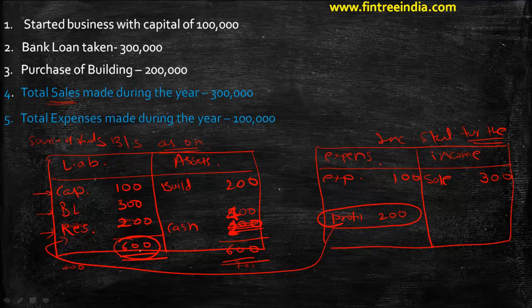And how has this fund been applied? So application of funds. Out of the total funds of 600, 200 have been applied with building and remaining 400 have been applied with cash. So with this, we come to an end of our part 3 of the 60-minute guide to accounting.